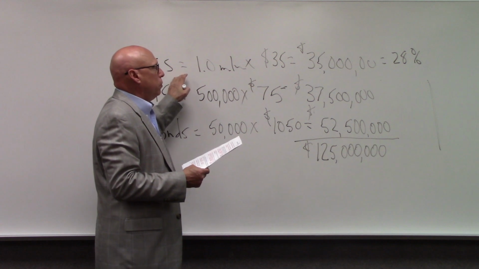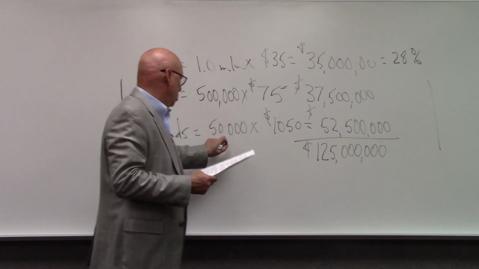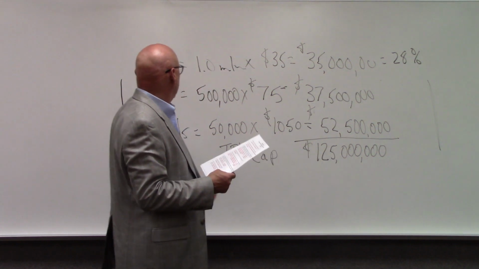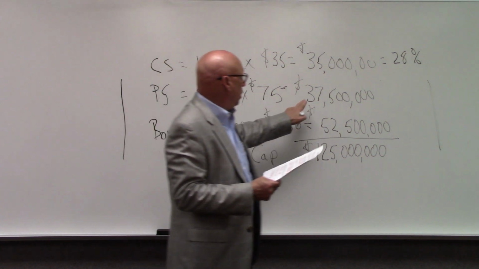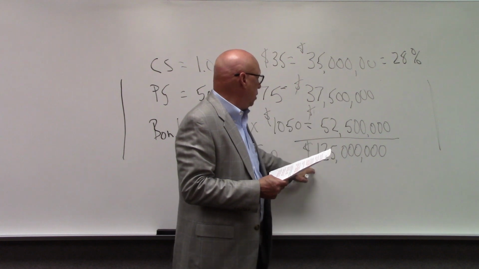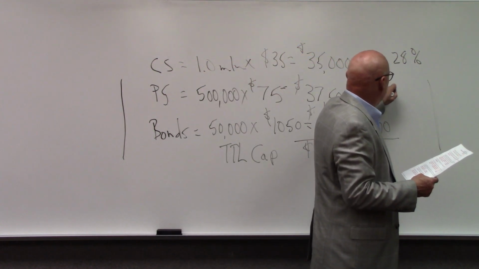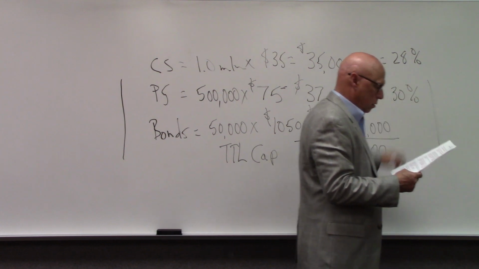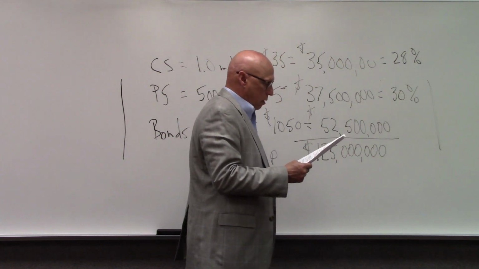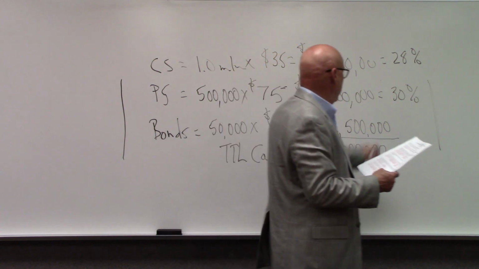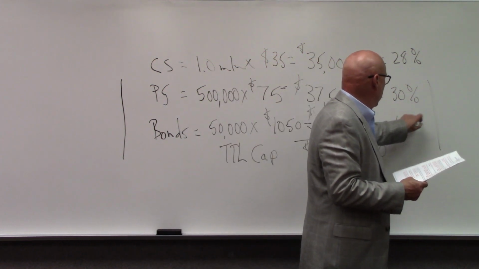Common stock is 28% of the total capital. Preferred stock is 37.5 million into 125 million, and that is 30%. And bonds, 52.5 million divided into 125 million, 42%.